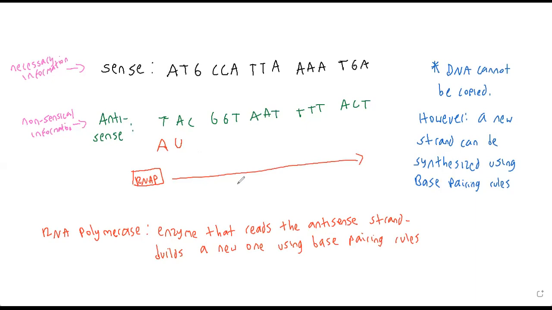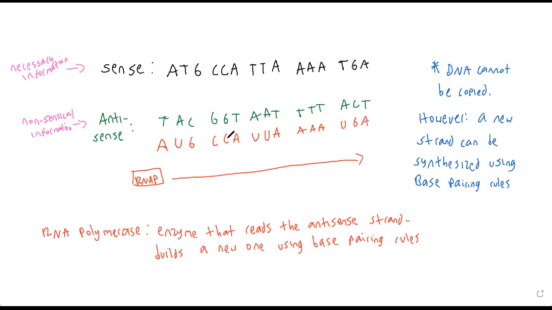So anytime you see an A, you think, well, I need to build a thymine. No, RNA has uracil, not thymine. C goes to G, C, C, A, U, U, A, U, G, A.